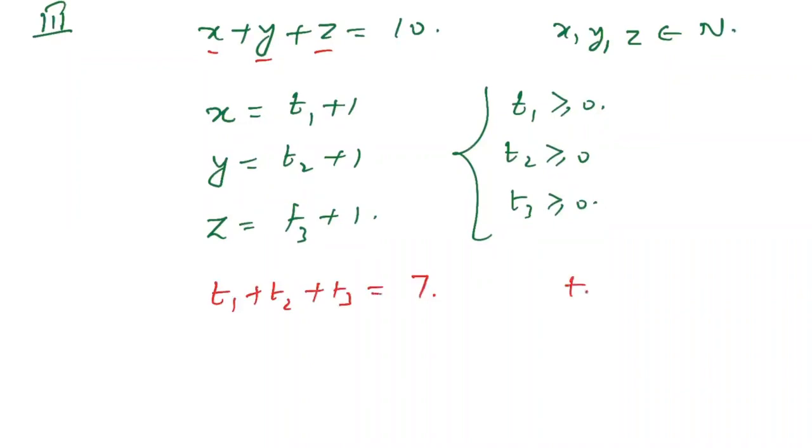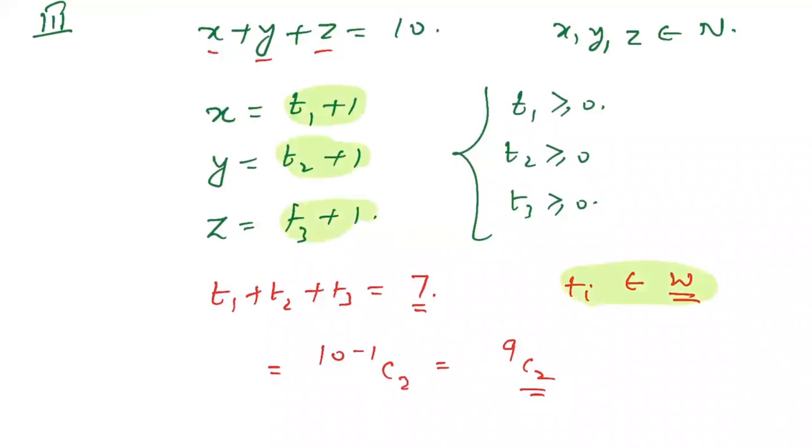And t1, t2, t3 are whole numbers. Now I can apply the formula: (7 plus 3 minus 1) C (3 minus 1), that's 2. That is 9C2. So I can convert these terms into whole numbers by taking the substitution, and directly we can write down the answer.